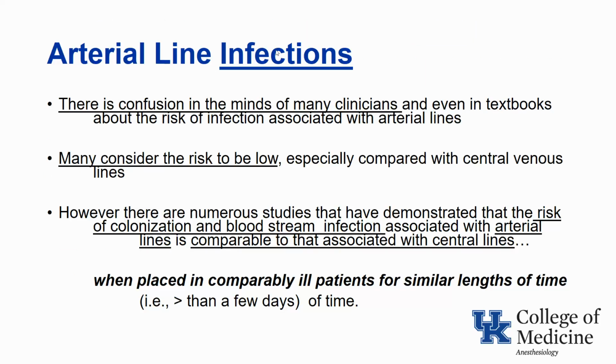The one I would like to mention here is the risk of infection. Unfortunately, there is confusion in the minds of many clinicians and even textbooks. Many consider the risk to be low, especially compared with central venous lines. However, there are numerous studies now that have demonstrated that the risk of colonization and bloodstream infection associated with arterial lines is comparable to that associated with central lines when placed in comparably ill patients for similar lengths of time.